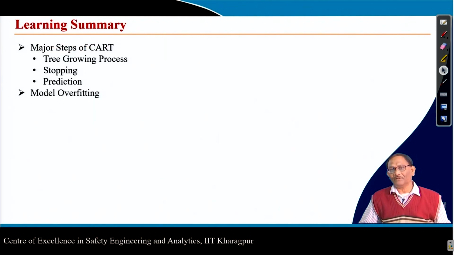Now if you want to develop a CART model, obviously you have to know this process, and the steps are tree growing, stopping and prediction. At the same time, please keep in mind, this is a machine learning kind of approach. That means there will be training data and test data, and your model will be considered useful for prediction or classification once the model fit in terms of training and test is satisfactory.